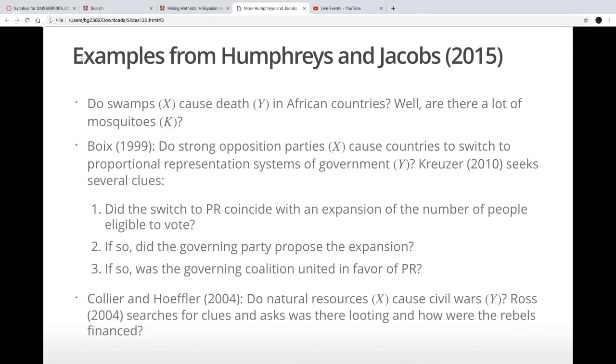Yes? Must the clue always be like a hypothesized mechanism by which X leads to Y? Or can it be incremental variables? Yeah, so there's no restriction that K is a cause of Y or anything like that.